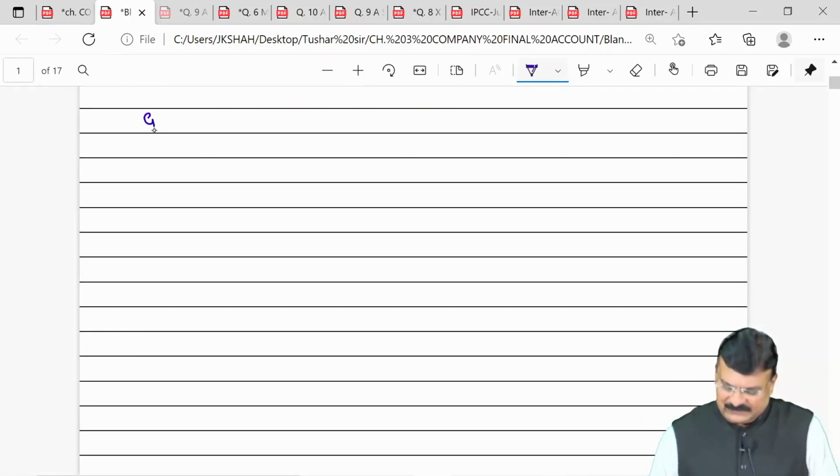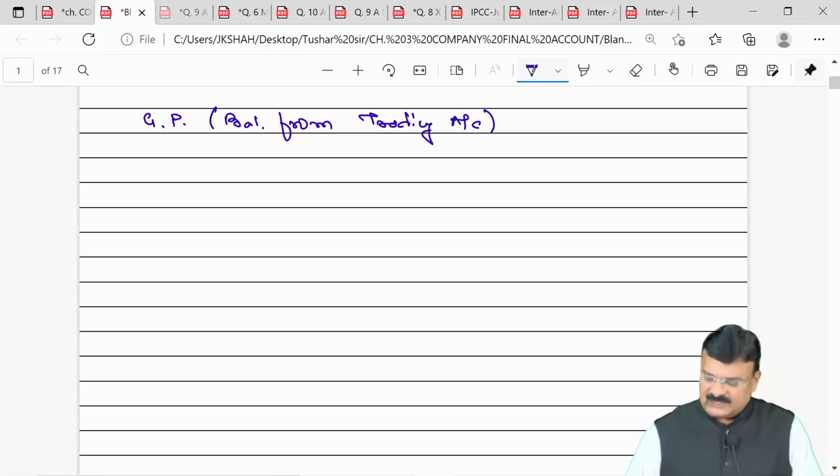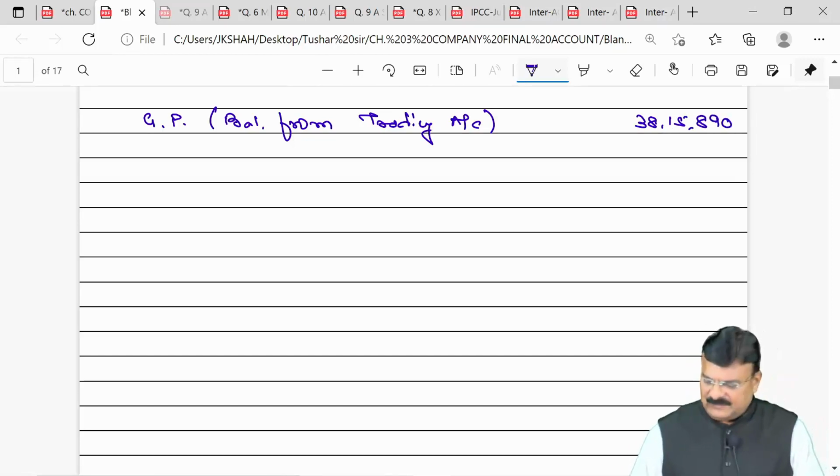Okay. So GP. Here in your question, the word used for GP is balance from trading account. That amount is 3815890. Then credit side, yes, subsidy received from government will be added.